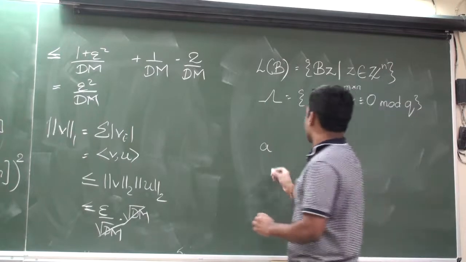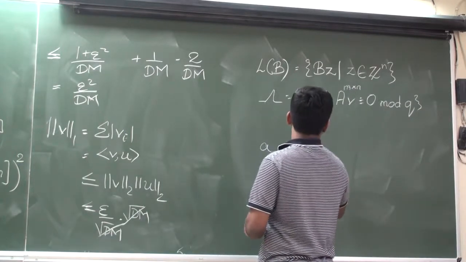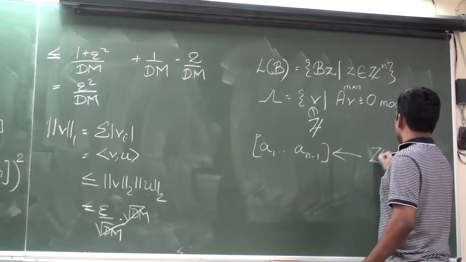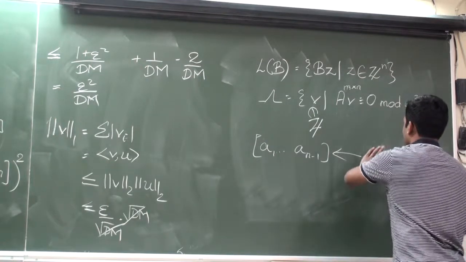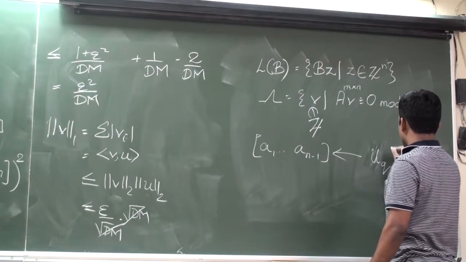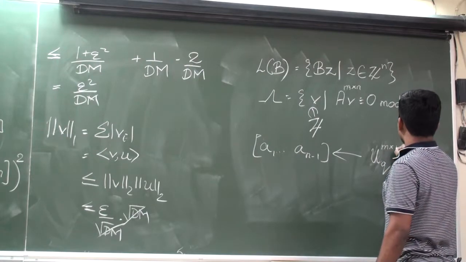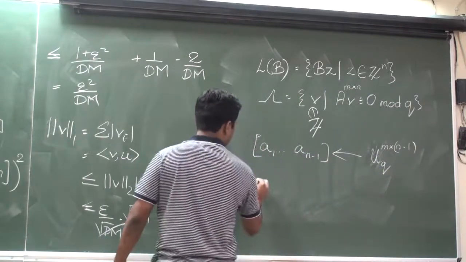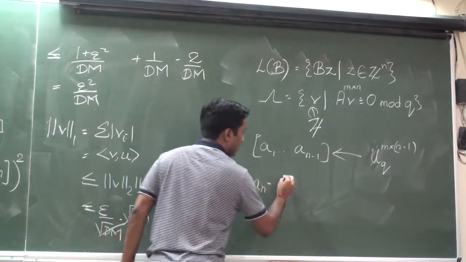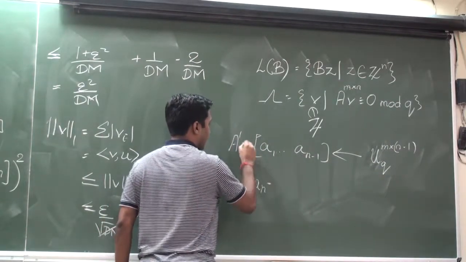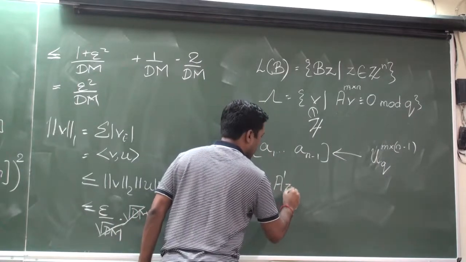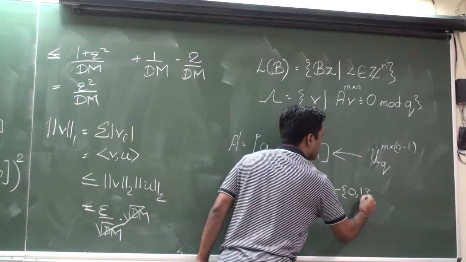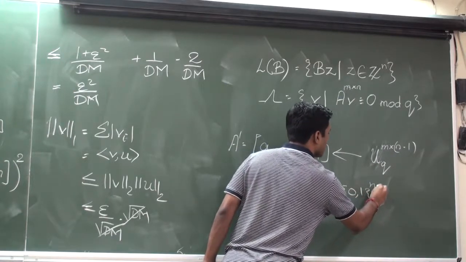So what he does is you take A uniformly random from Z_Q, n cross n minus 1. Your last column vector will be this, let's call this A dash. A dash times V, where V is chosen from {0,1} to the power n minus 1.